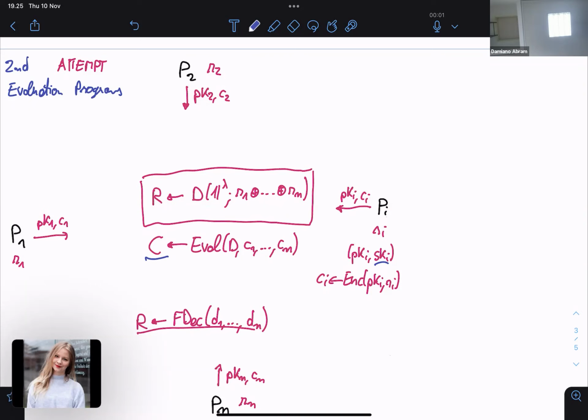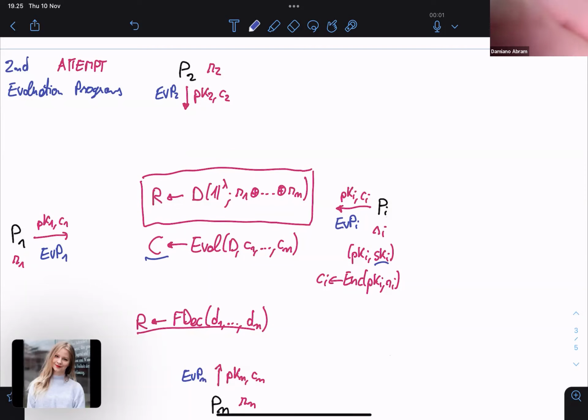We are still able to retrieve the outputs, but we have no idea how they are computed. Okay, so each party Pi will now send an obfuscated program, we denote it by EVPi, and it stands for evaluation program. So we get EVP2 from party P2, EVP1 from party P1, and EVPn from party Pn.